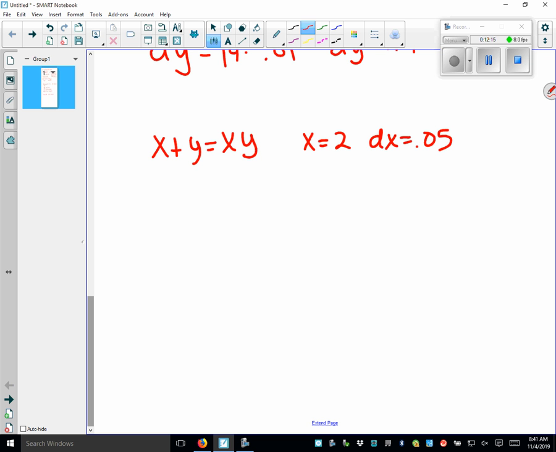So what is the derivative of x? dx, plus the derivative of y, dy, equals, this is a product rule, which is the first times the derivative of the second plus the second times the derivative of the first.